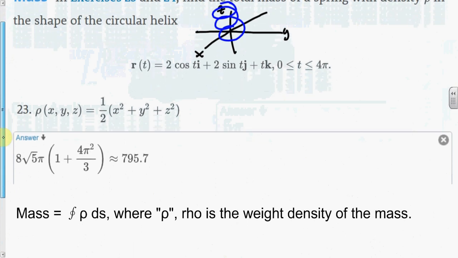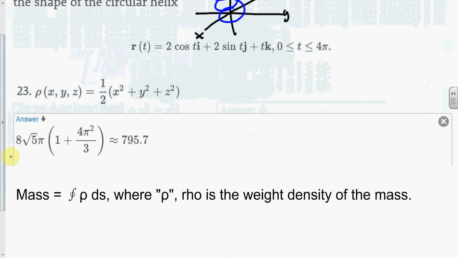So all you need to know is the formula for the mass. The mass is just what you just got through doing. The mass is equal to the line integral of some function times ds. That function, we call it some f of x, y or f of x, y, z, but if that function is given to be density, then you're calculating the mass.